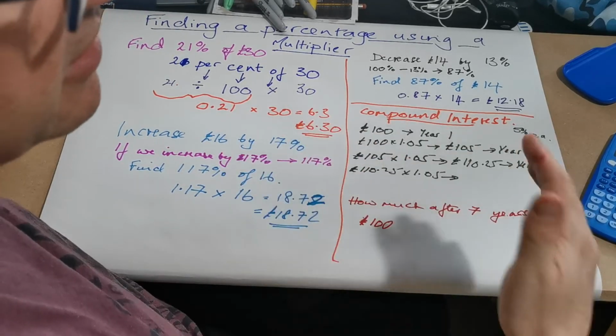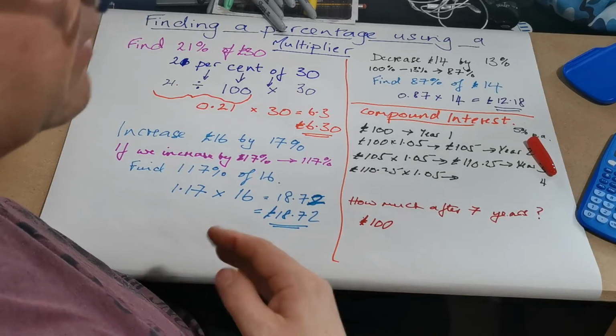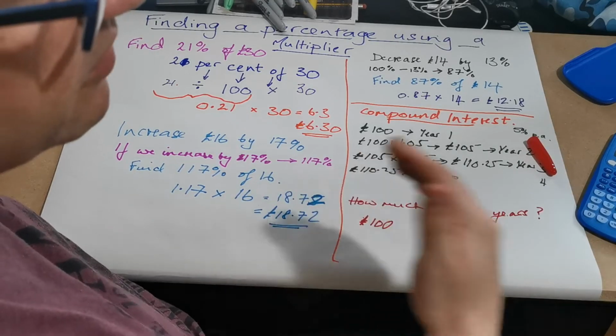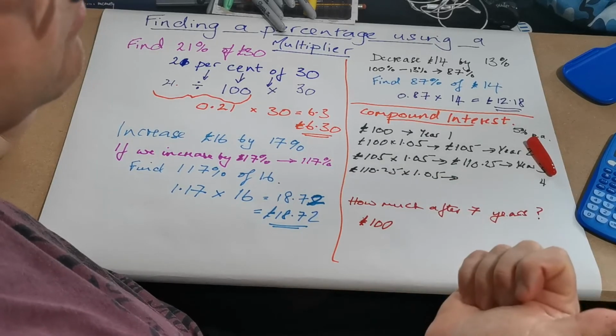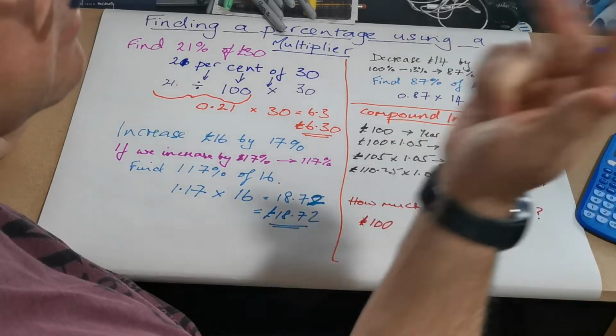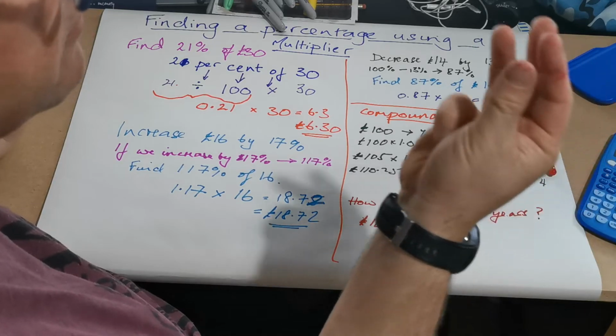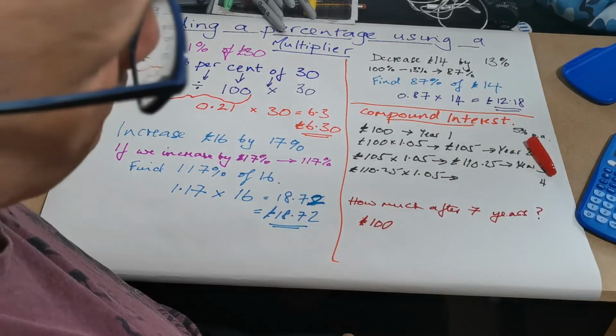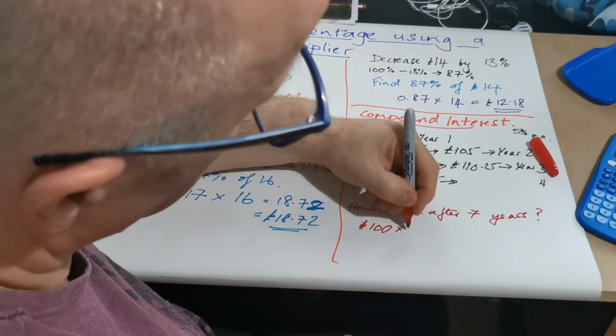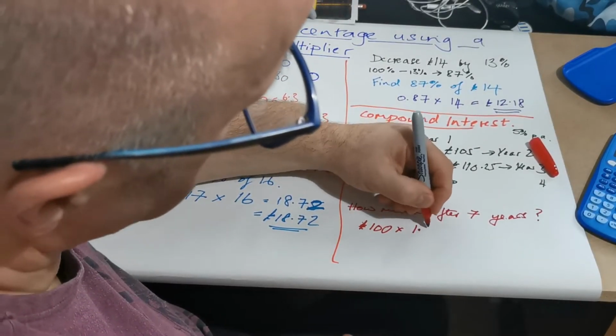So over the 7 years, I'm going to end up multiplying by 1.05 7 times. That's a proper mouthful.